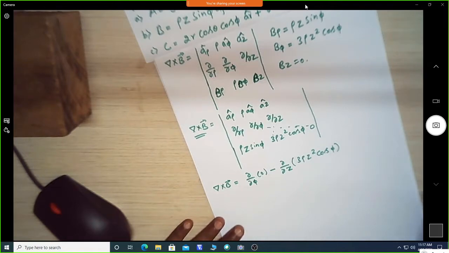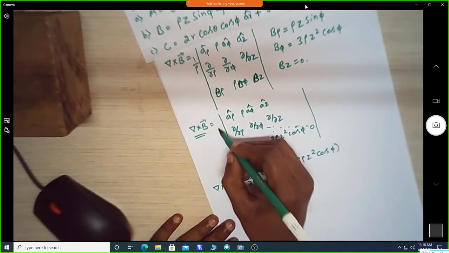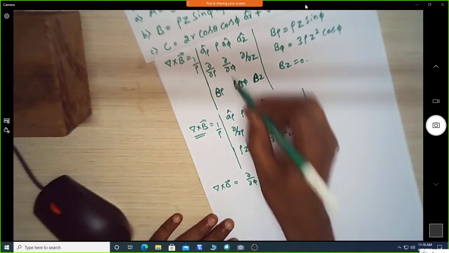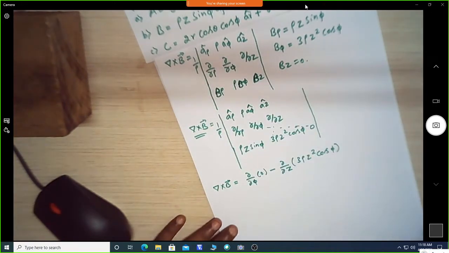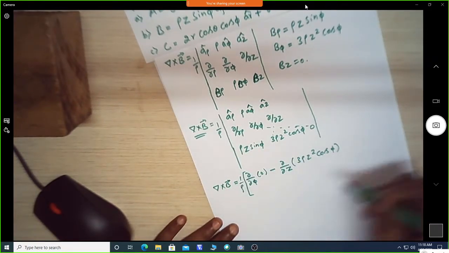This is actually the third component here, so don't confuse. Sir, the 1 by rho is for the whole matrix. Yes, the 1 by rho applies to the whole matrix, so you can take it later. You can take one big bracket and do it.